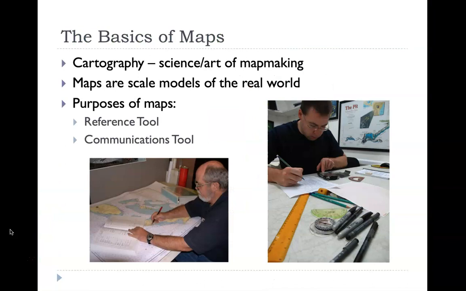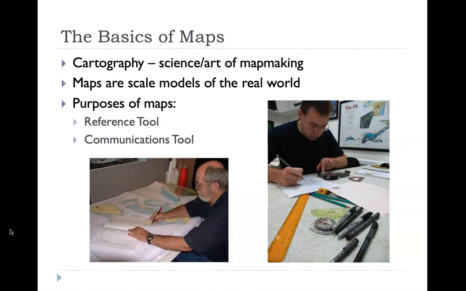All right, basic concepts of maps. First thing you should know is the word cartography, which is the science or the art of map making. We understand that maps are scale models of the real world, and there are 2 main purposes of maps. One, to use as a reference tool. You would refer to it in how to get from A to B. So a treasure map would be a good example of that.